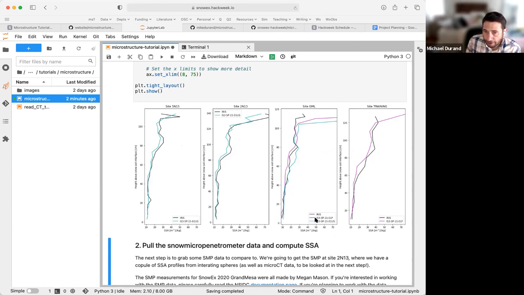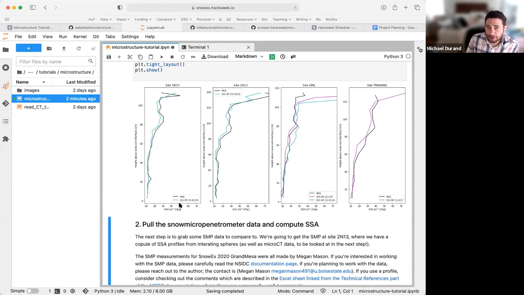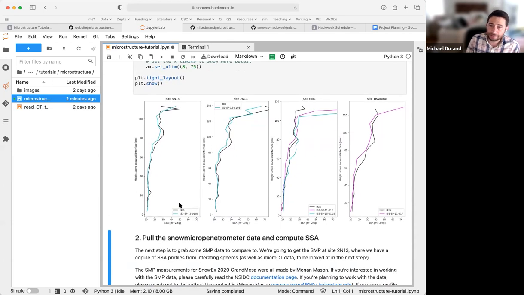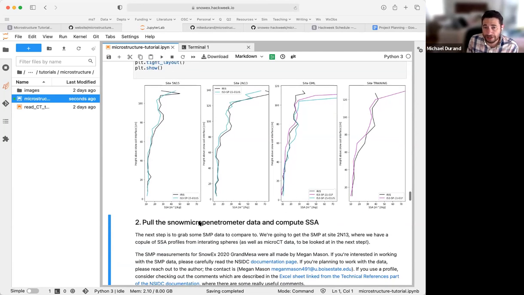Black is the IRIS, the magenta is the Finnish one, and the cyan is the US OSU one. These instruments are very similar. Even the IRIS one uses a sphere very similar to the one used by the commercial unit, as I understand. So it's not too surprising, perhaps, that they're consistent.